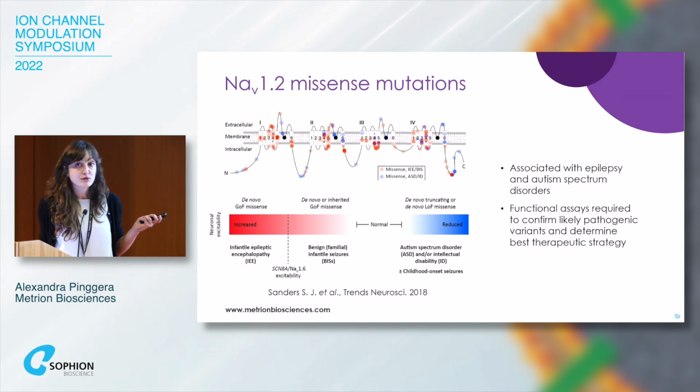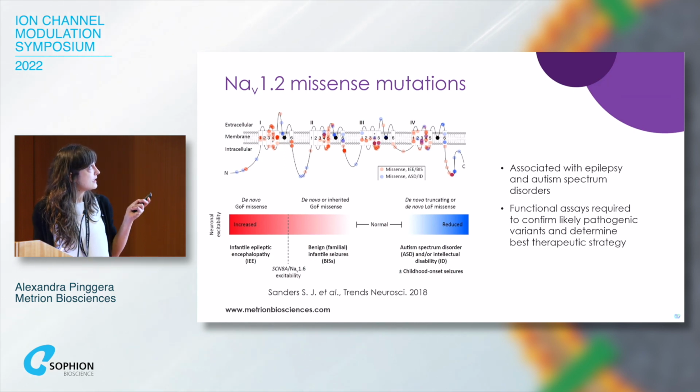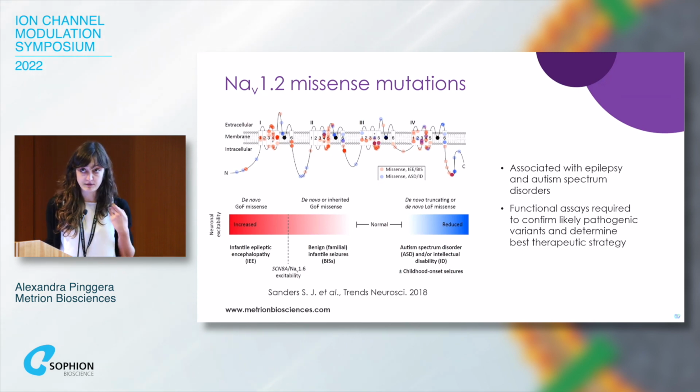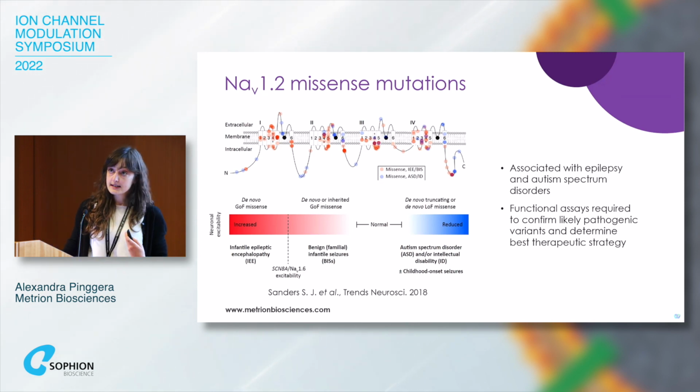However, more severe gain-of-function mutations are associated with infantile epileptic encephalopathy. Also in this case, the seizures start right after birth, but they persist throughout life, and they are also associated with a severe neurodevelopmental disorder.